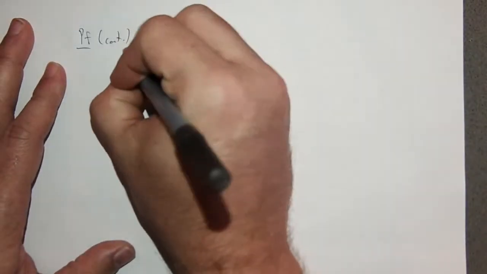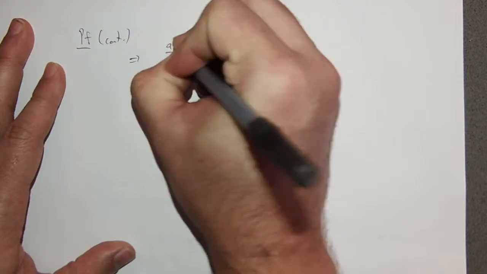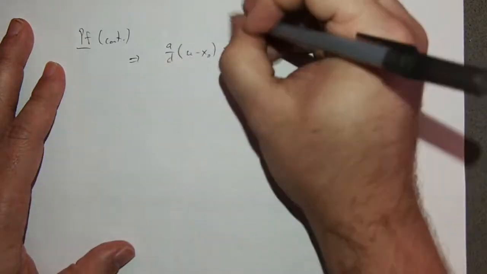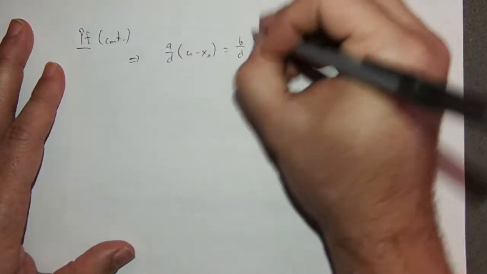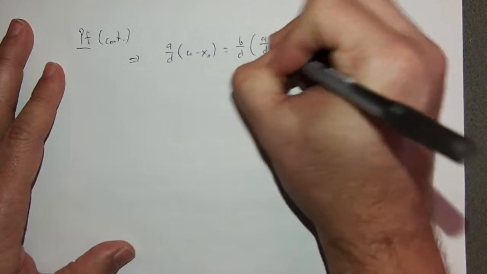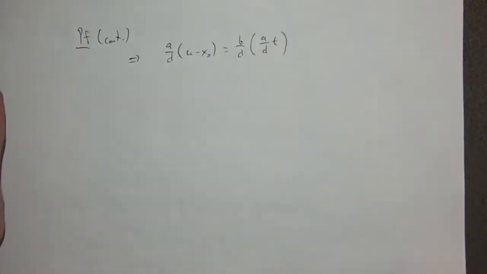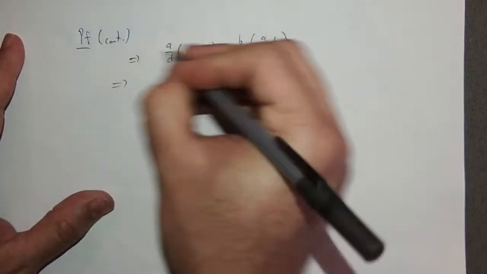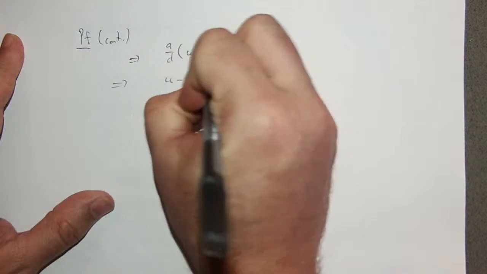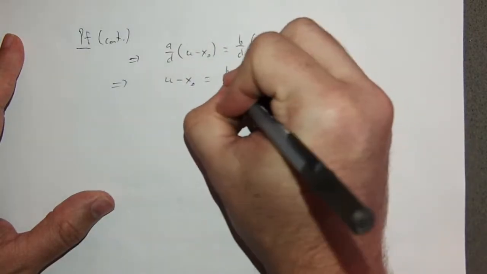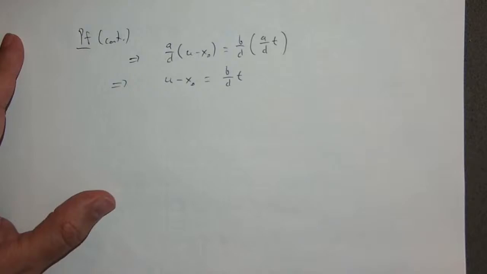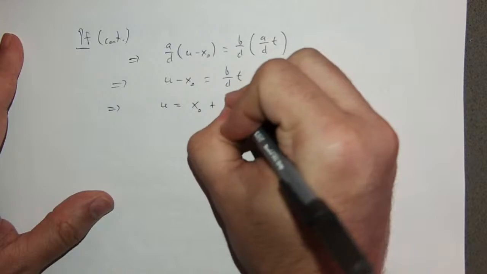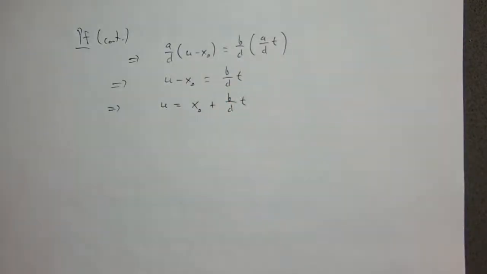So this means that a over d times u minus x naught is equal to b over d times a over d times t. Okay. So then multiplying both sides of this by d over a, I get that u minus x naught is equal to b over d times t. So u is x naught plus b over d times t.